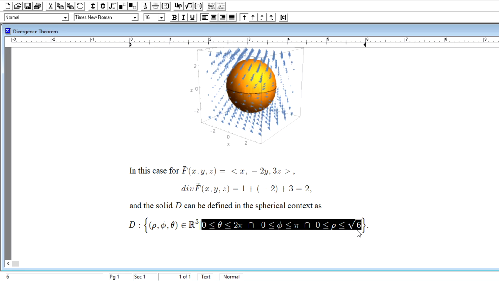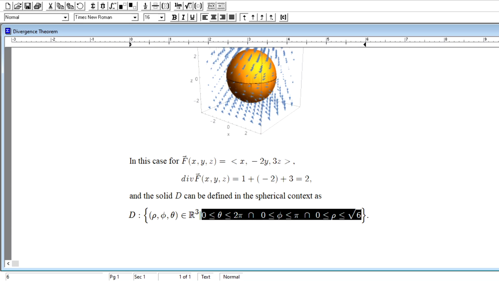These bounds on our spherical parameters in our description of D are nice constant bounds. Whereas if I try to define this sphere in the rectangular coordinate system in order to set up a triple integral, that would be a rather cumbersome calculation. Here, things are going to be simplified nicely.